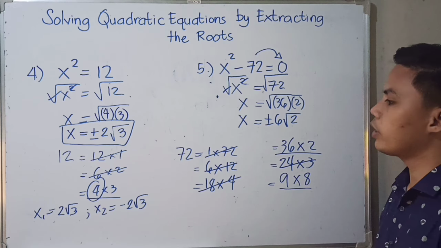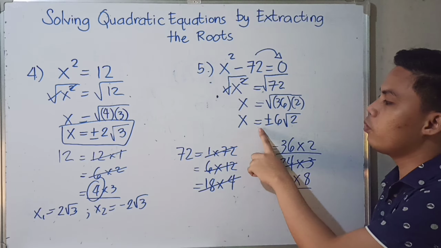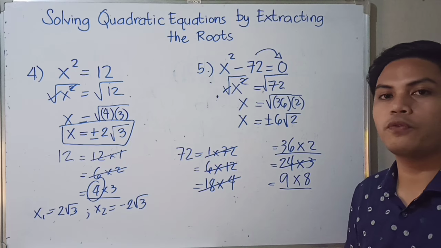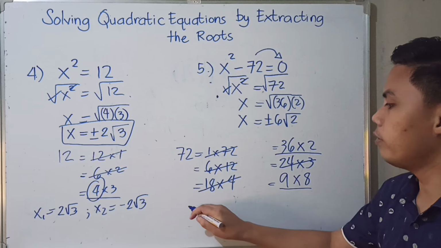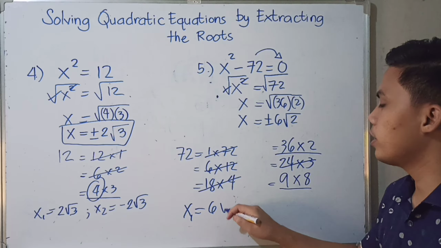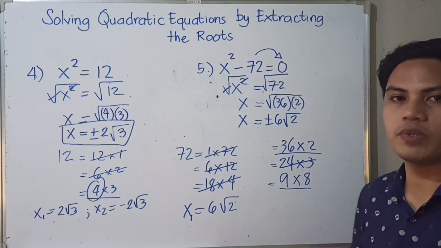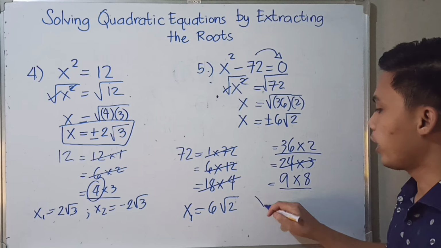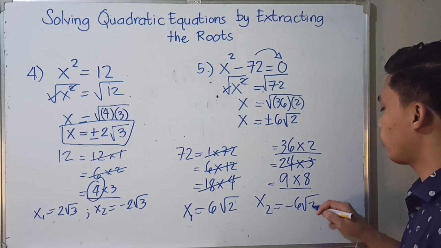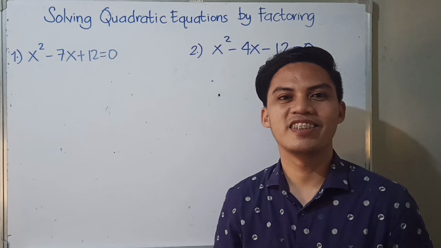So, yung final answer natin would be x is equal to plus minus 6 square root of 2. So, x sub 1 or yung first root natin is positive 6 square root of 2. At ang x sub 2 naman natin is negative 6 square root of 2.